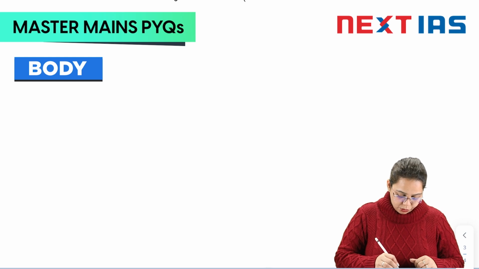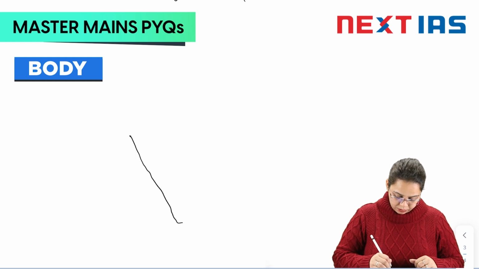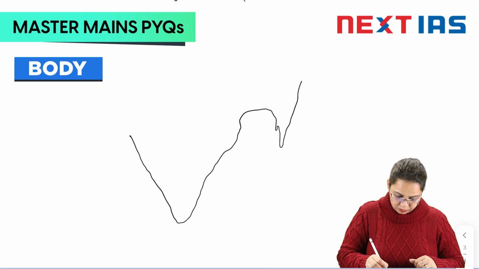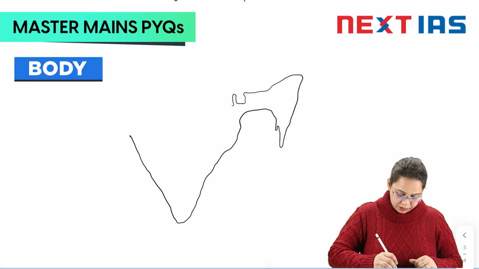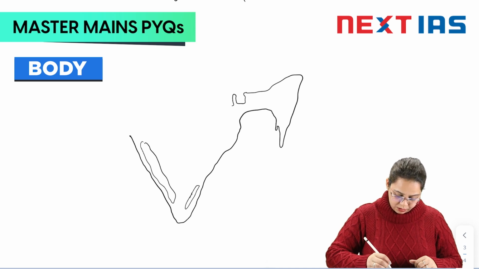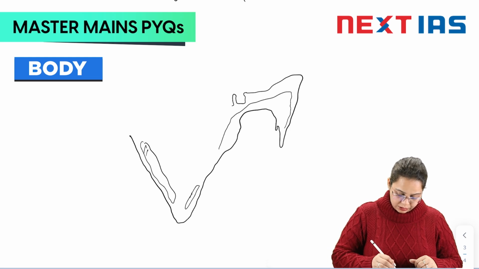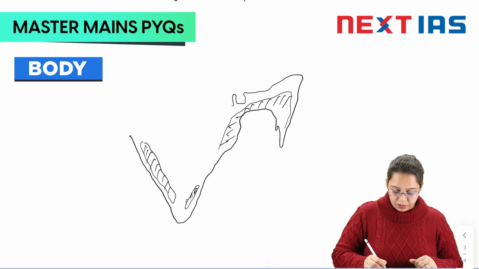So if we draw the map like this, here we will mark the areas which have rainforests. You can mark this. This is the area, and here most of the area is rainforest area. Alright, so you can mark like this.